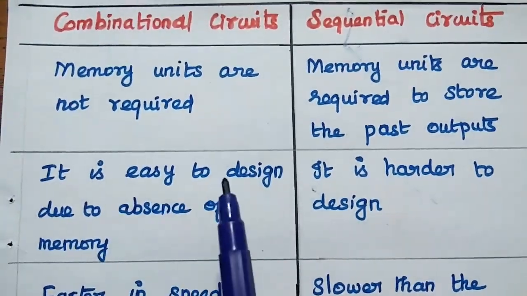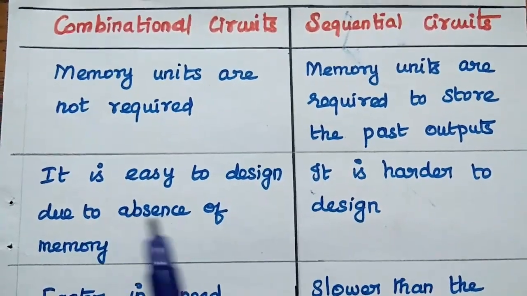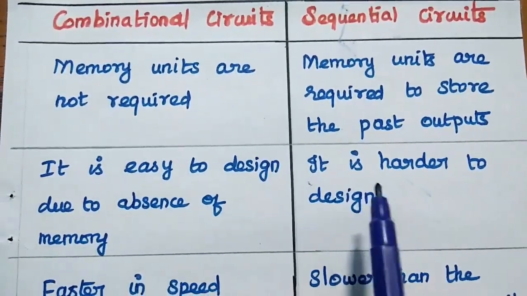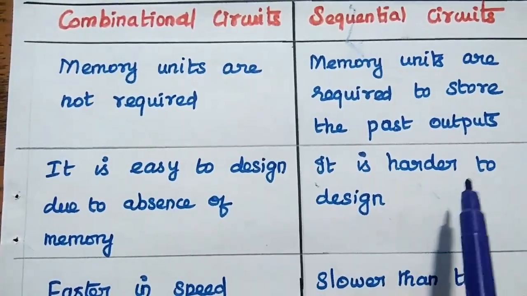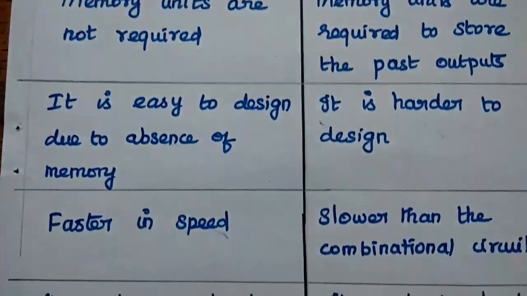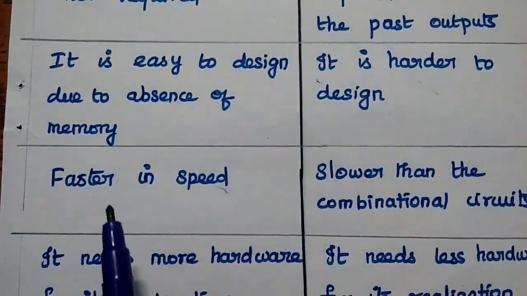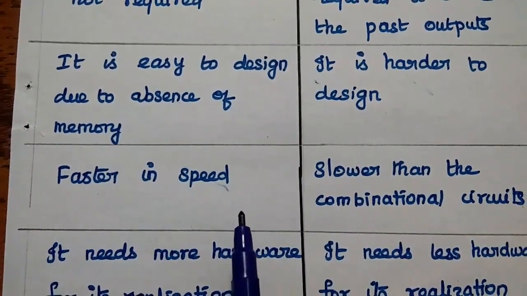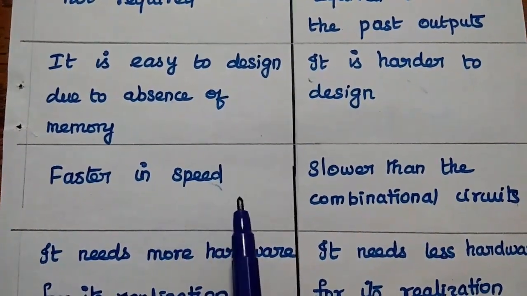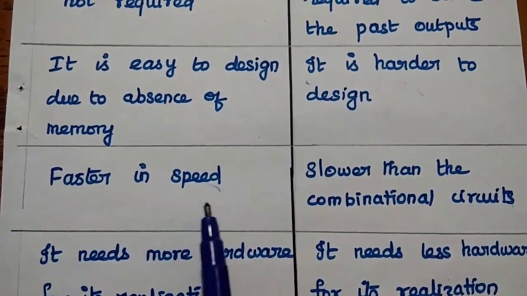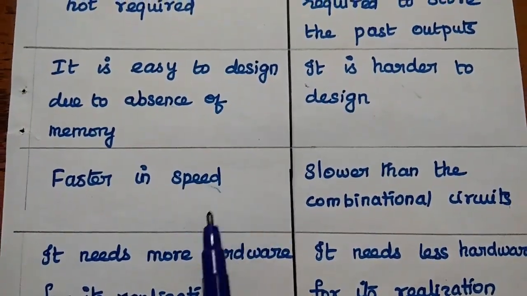Combinational circuits are very easy to design due to the absence of memory elements, but sequential circuits are a little bit harder to design when compared with combinational circuits. Its operation is faster in speed than sequential circuits because the output depends only on the present inputs, which are applied simultaneously to the circuits.